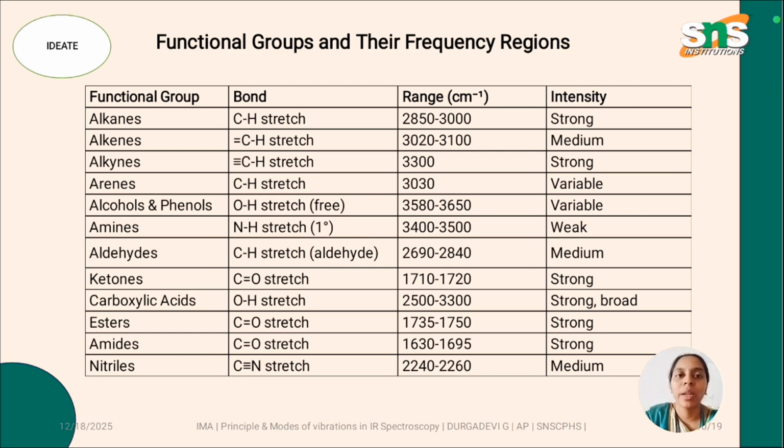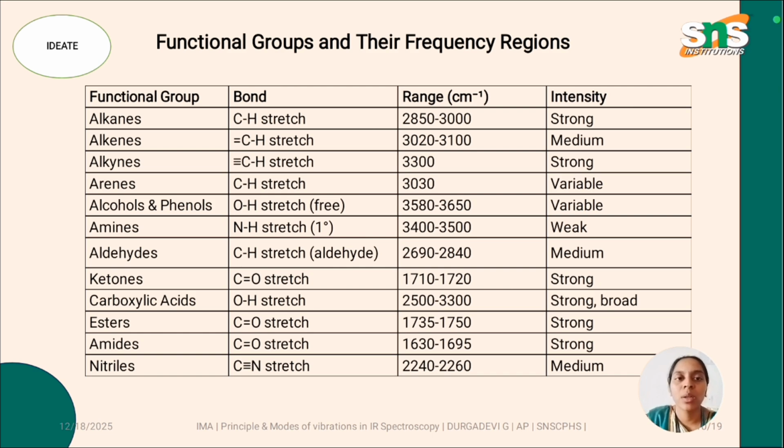Both alcohol and phenol have hydroxy functional groups, which exhibit oxygen and hydrogen stretch, with absorption between 3580 to 3650 centimeter inverse. And amines, that is the NH2 group, have NH stretch for primary amines, with absorbance at 3400 to 3500 centimeter inverse.